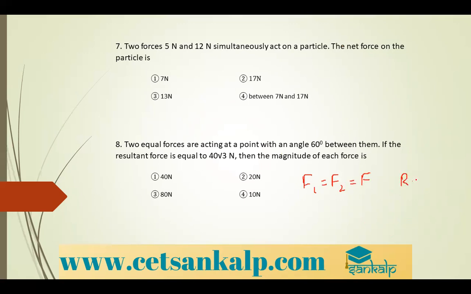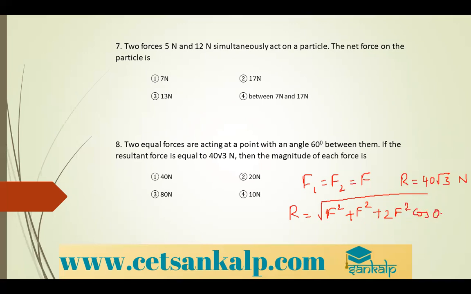And they have given R is equal to 40 root 3 Newton. You know the formula. R is equal to root of F1 square, here I write F square, plus F2 square, I write F square, plus 2 F into F, that is F square, cos theta.